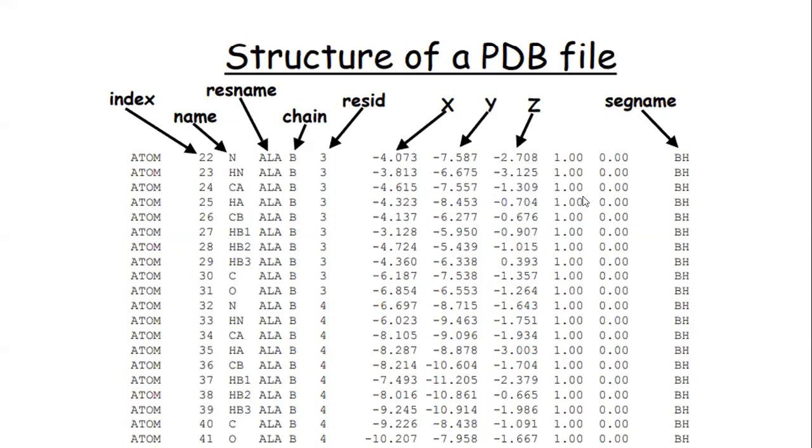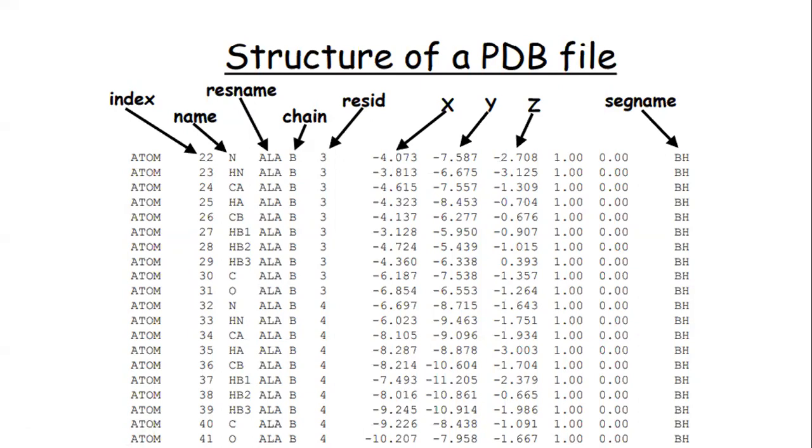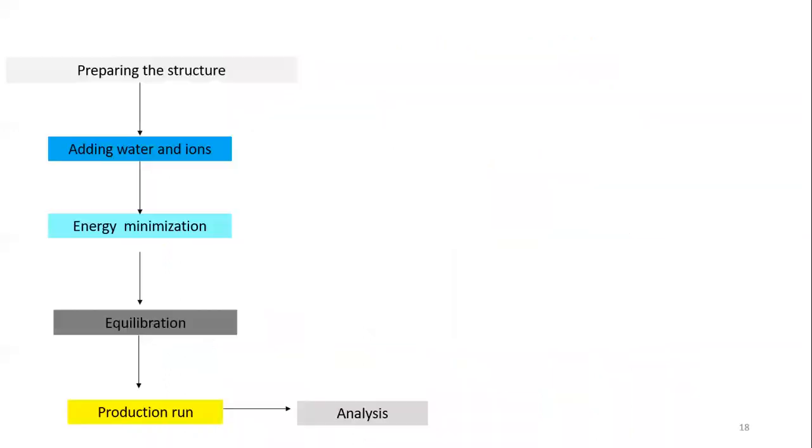After creating all these input structures, I mean the PDB file, and deciding which force field we are going to work with, we need to create a topology file. As I mentioned, first we need to prepare a structure, and then we need to add water and ions.